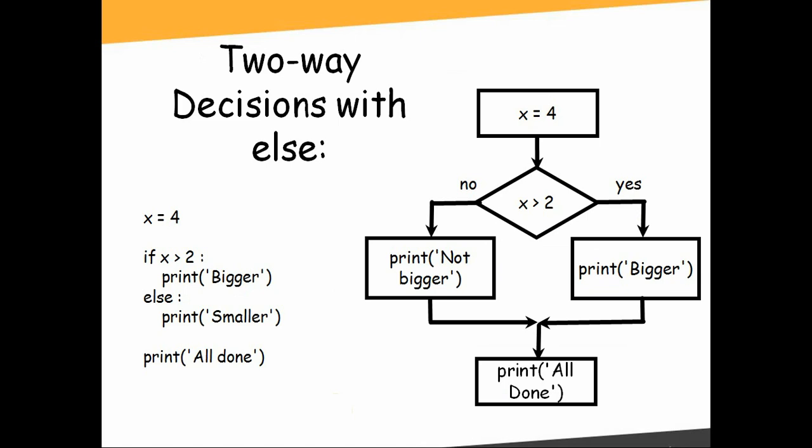If it is true, it executes some statement. If it is not true, it executes some other statement. This is basically the if else statement. If the condition is true, it executes some statement, else it executes some other statement. That's it. Here x equal to 4, whether it is greater than 2, it prints bigger, otherwise it prints smaller. That's it. Okay, we will see.